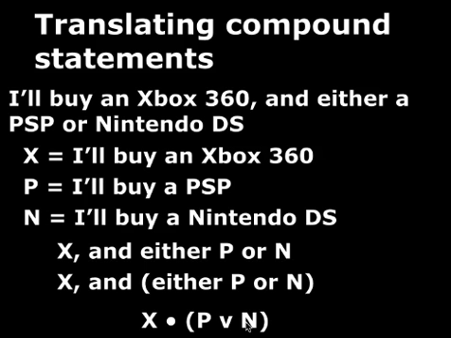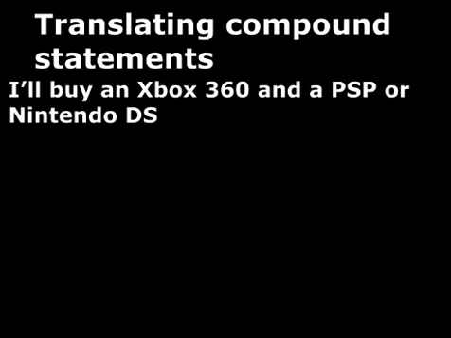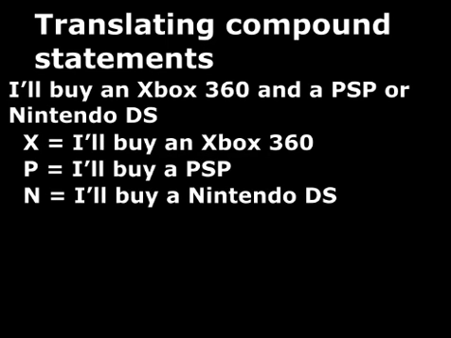Okay. Now there are a few things I did here that might not be 100% clear, and that's why I'm going to back up a minute. Let's do the same thing again, only let's imagine the comma was not there. I'll buy an Xbox 360 and a PSP or Nintendo DS. And I'm going to use the same atomic statements.